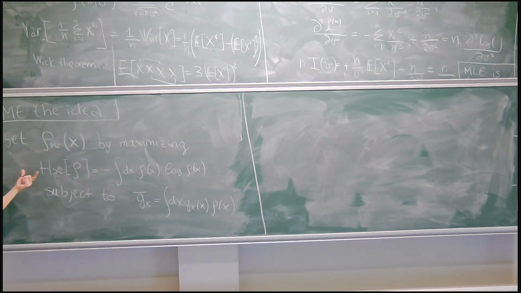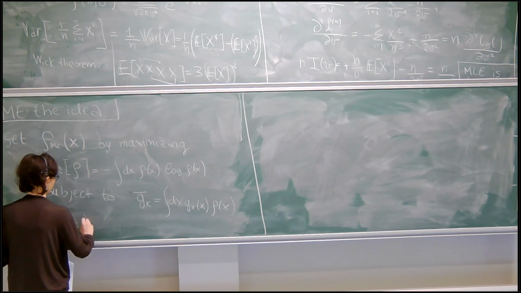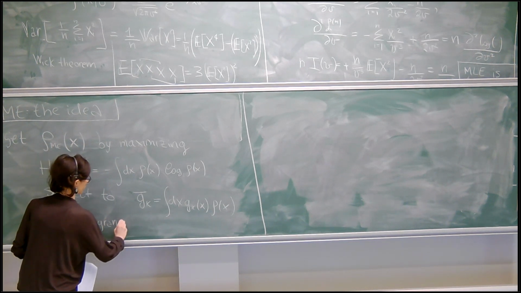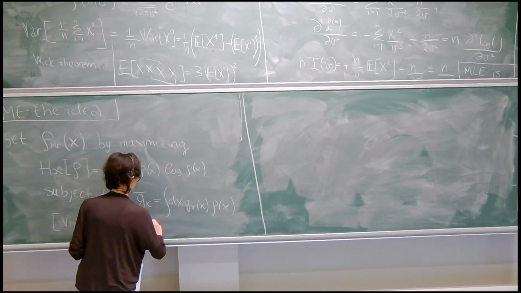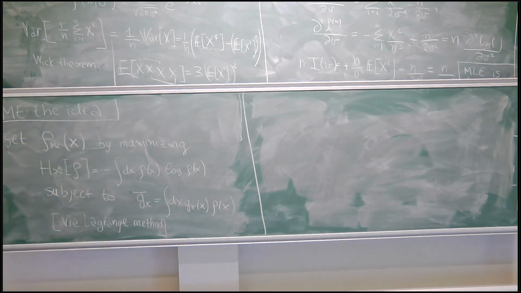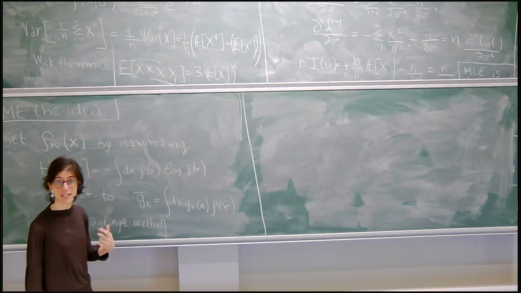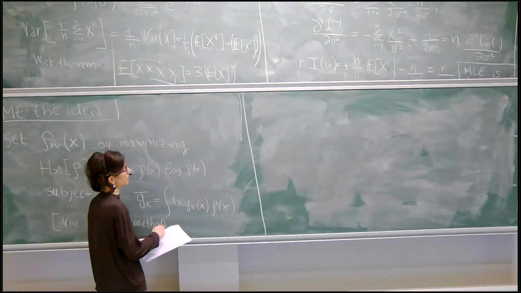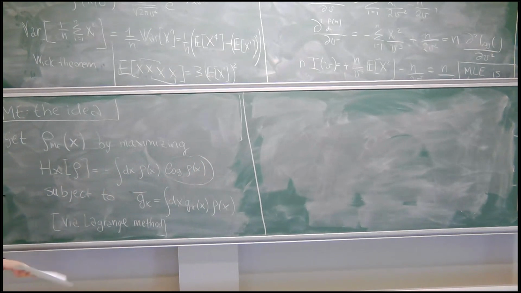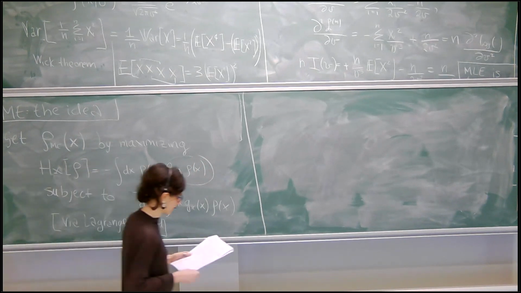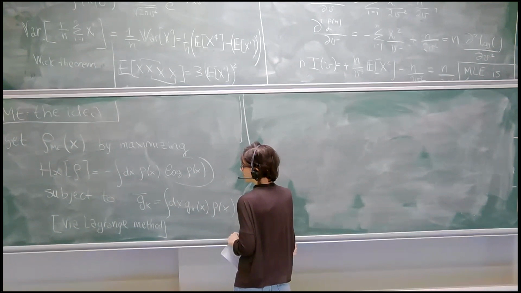And the prescription to do this constrained maximization is, as usual, to use Lagrange multipliers, via the so-called Lagrange method. So I will review it now. And what do you get out in this type of calculations? Well, you always get out shapes for this distribution that are of the exponential form. And the reason is that you have a logarithm here, and this is what gives you exponential shapes. So let me show this very quickly with an example.